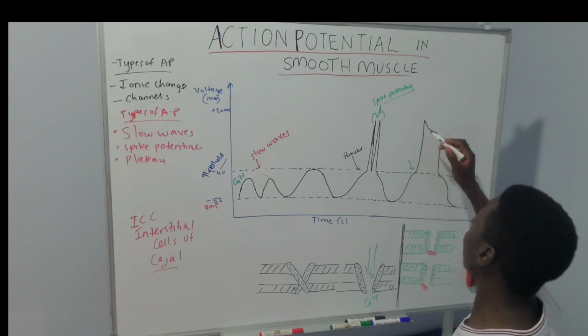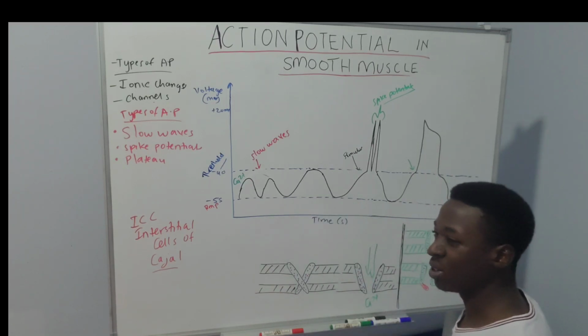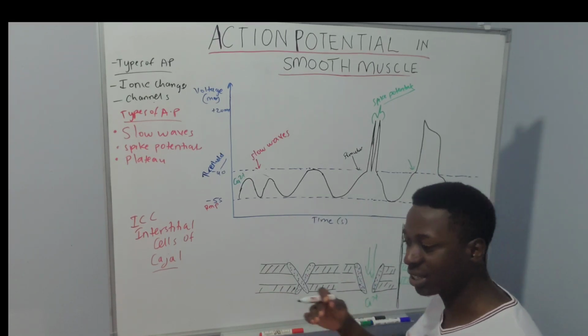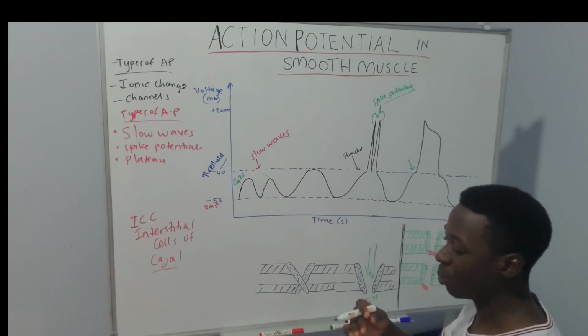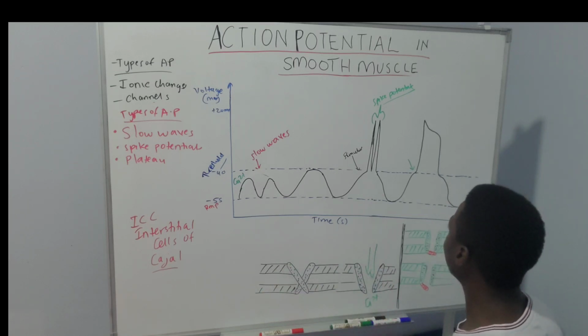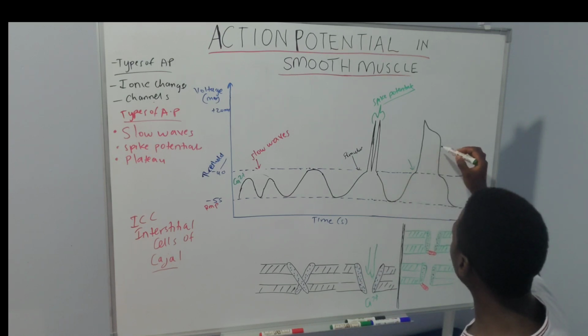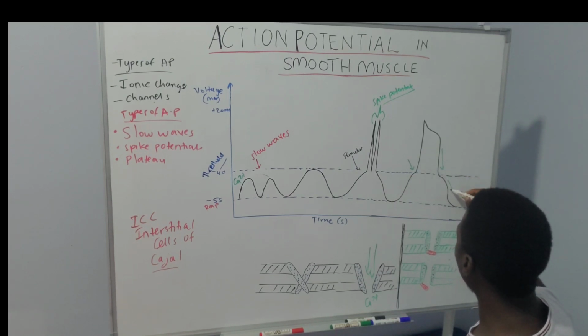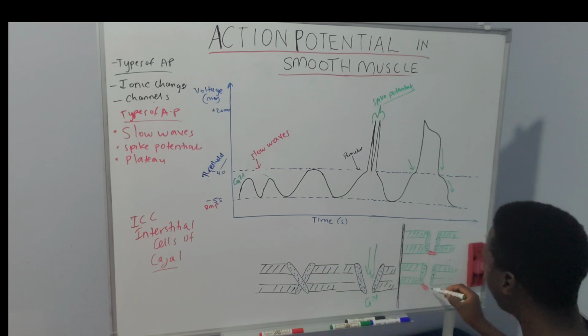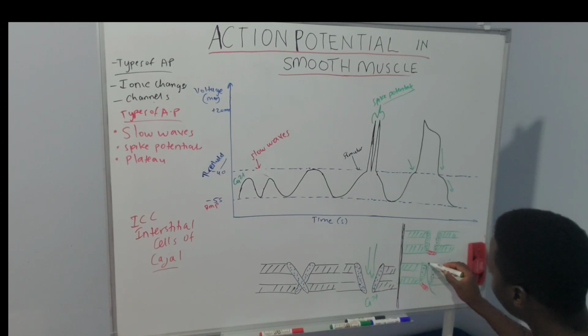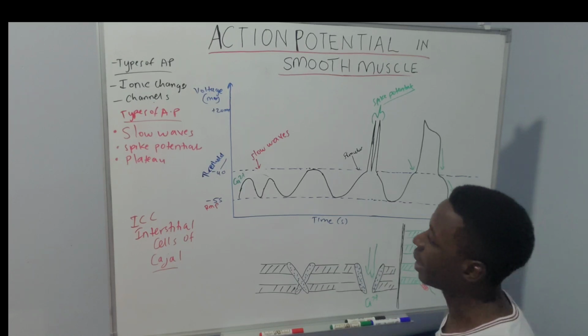It's due to the slow opening and closure of the voltage gated calcium channels. And remember, the repolarization phase is due to the voltage gated channels that open and allow an outflux of ions.